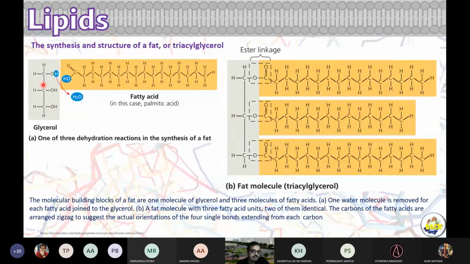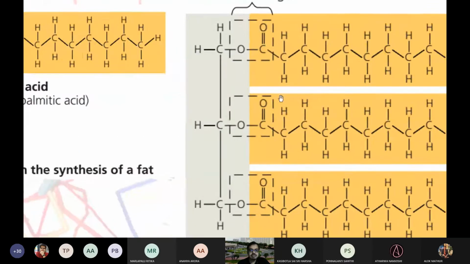So if it combines, a dehydration reaction occurs, and what do you call this kind of compound? There is a carbonyl group and an ether-like linkage, carbon-carbon linked via an oxygen in between. We can call it an ester linkage, right? Remember that from your organic chemistry?